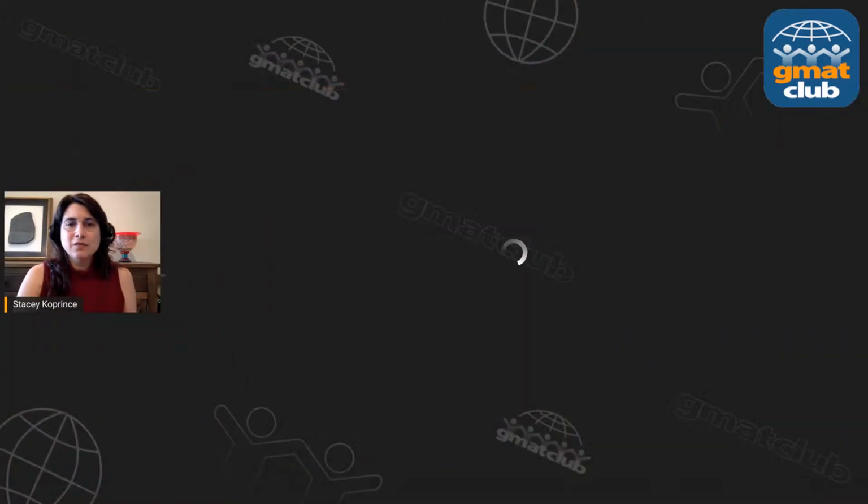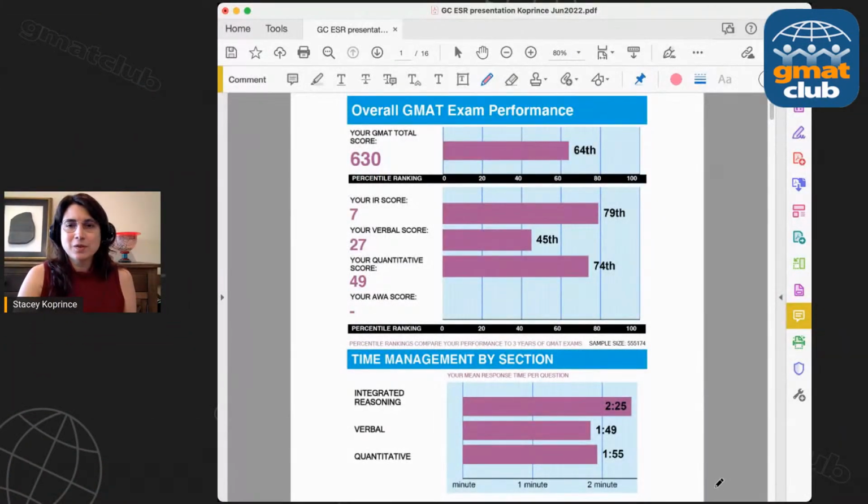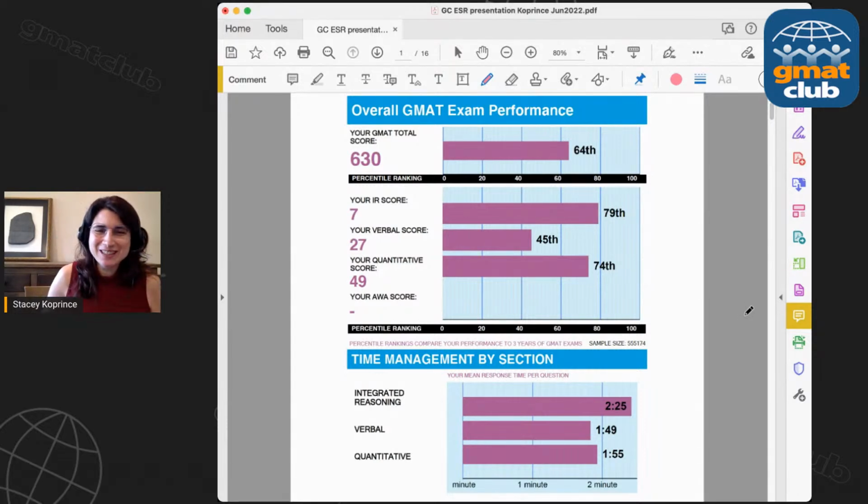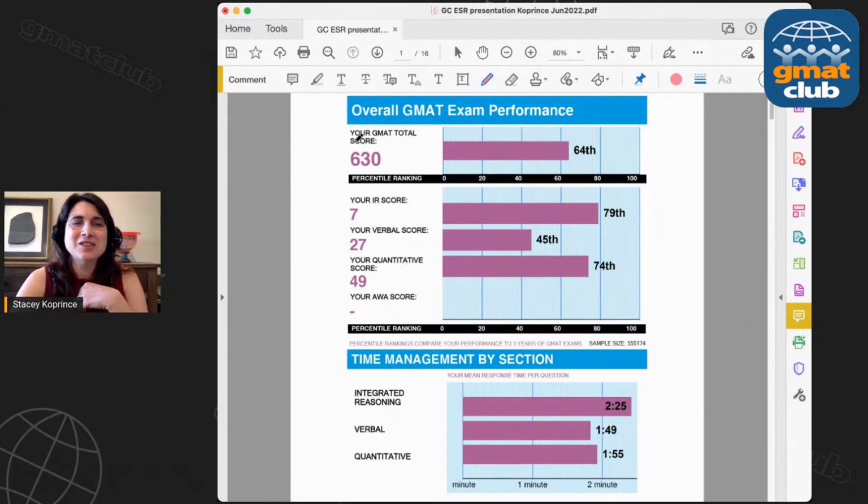And here is the first page of the report. So this first page is kind of boring because it mostly has information that you already know. When you walk out of the test, you will already know your total score and your 3 subscores. Depending on when you purchase your IR or your ESR, you may or may not have your AWA score yet.